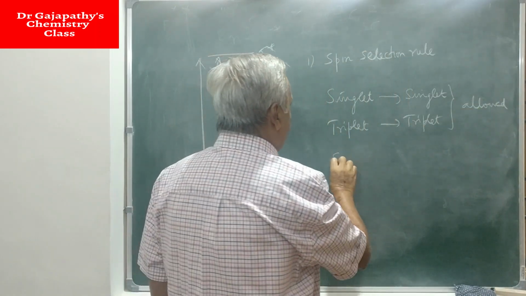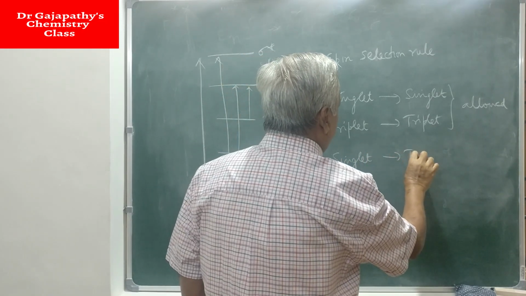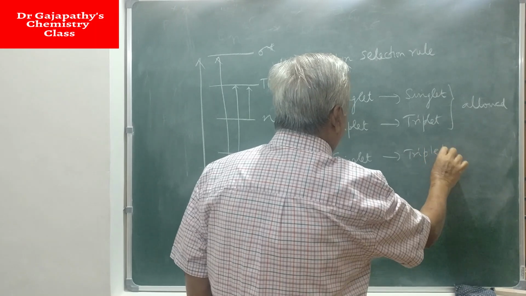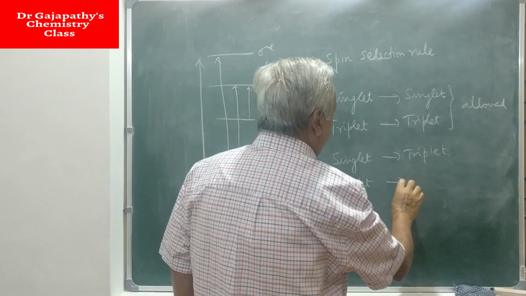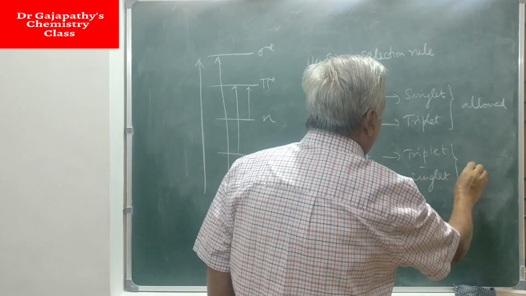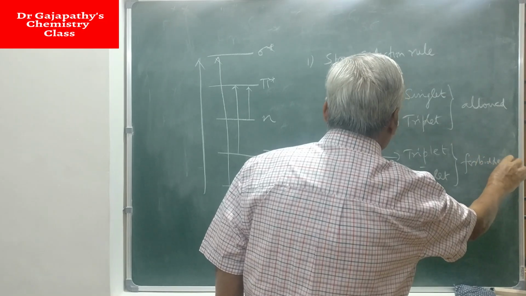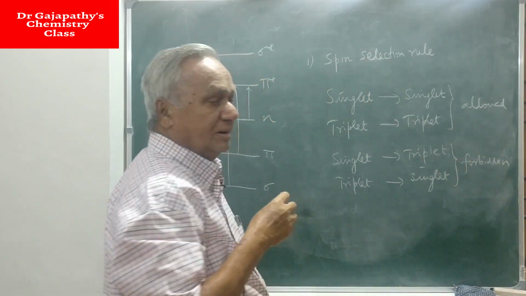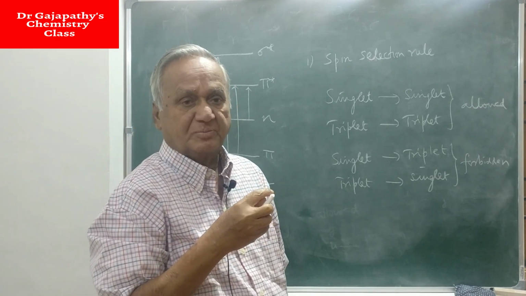Whereas a singlet to triplet and triplet to singlet, these are forbidden transitions. They cannot take place. This is one selection rule which governs the electronic transitions in chromophores.